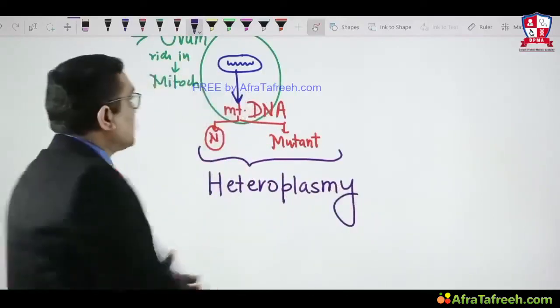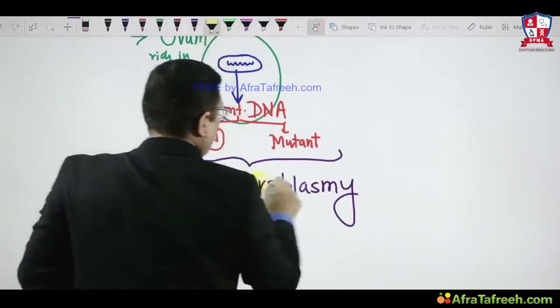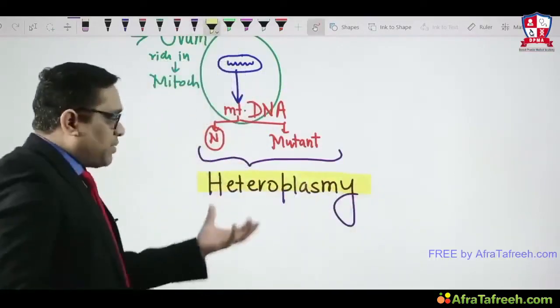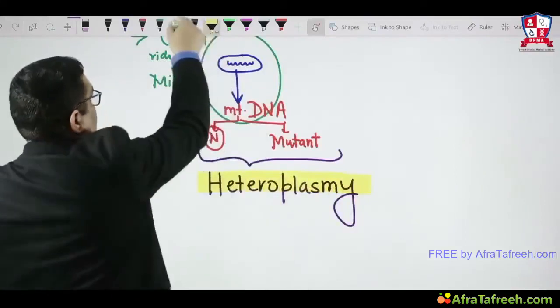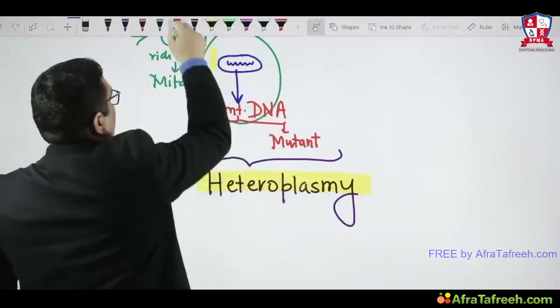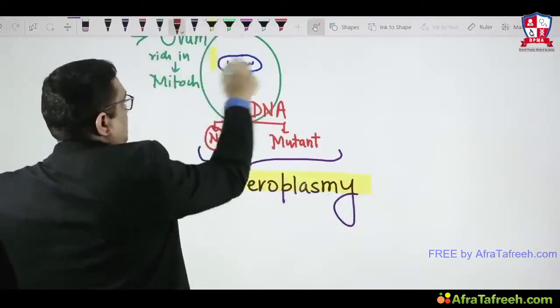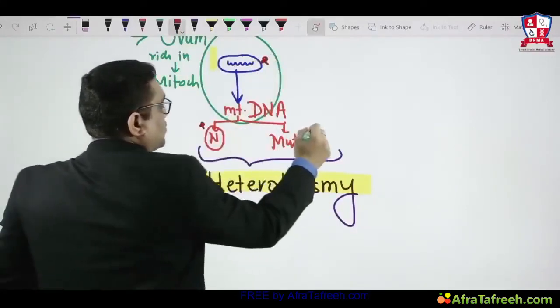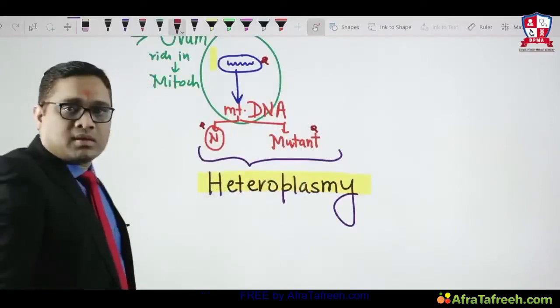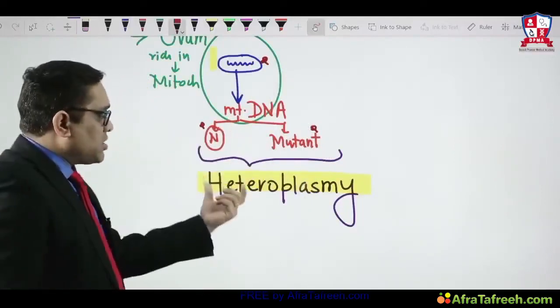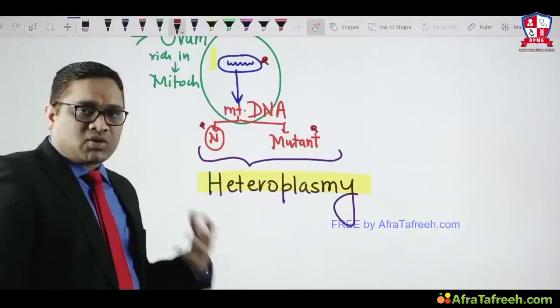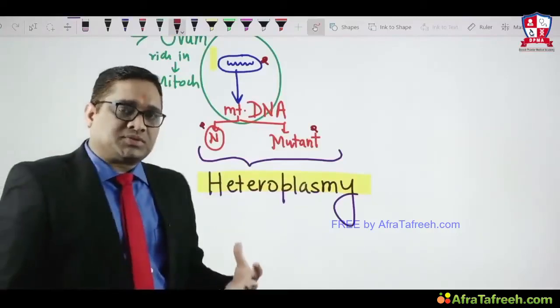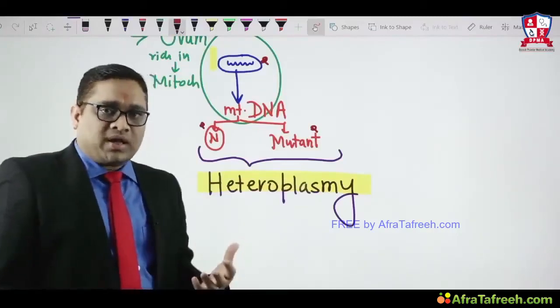What is the meaning of heteroplasmy? This was the question in the PGI exam. Heteroplasmy means the same organelle, the mitochondria, is having both normal and mutant mitochondrial DNA, right? Both normal and mutant, that is why it is called heteroplasmy. So heteroplasmy is associated with mitochondrial inheritance disorder.